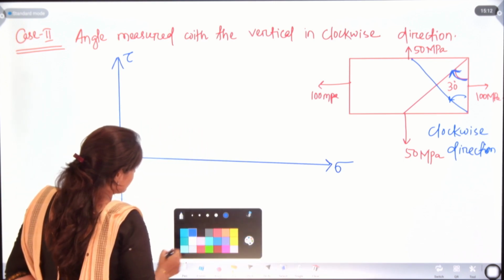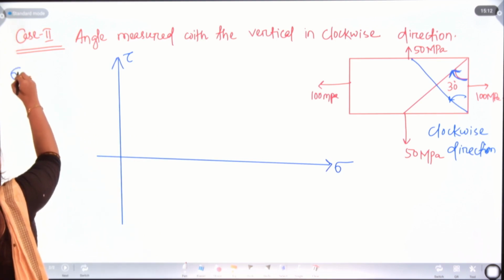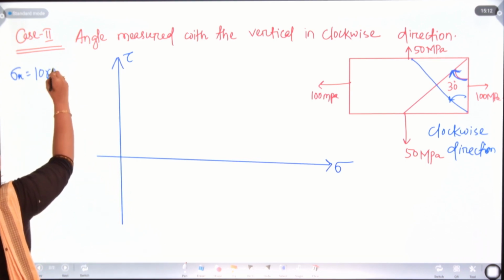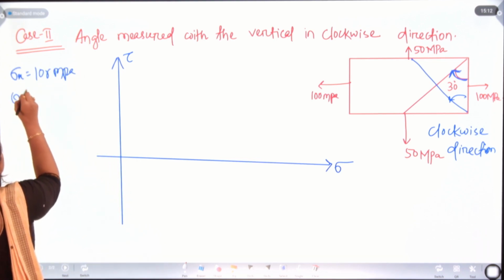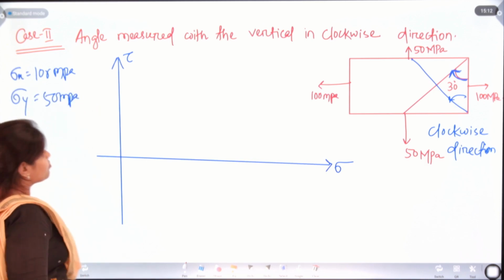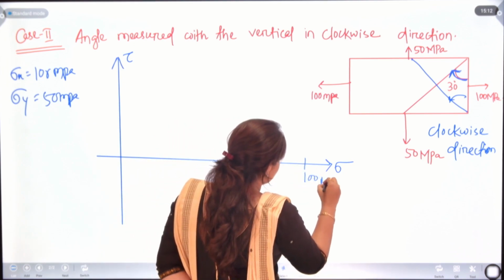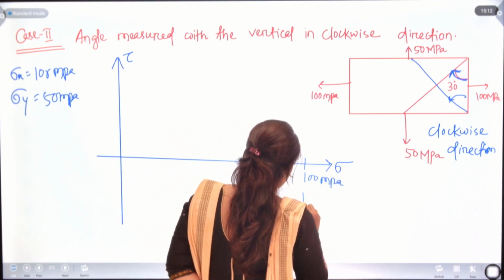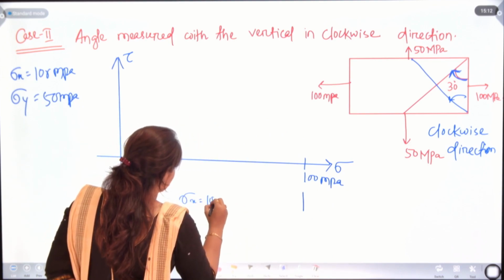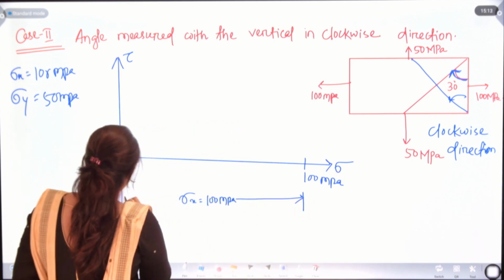So first what will we do? We need to draw sigma x and sigma y. Sigma x is 100 megapascal and sigma y is 50 megapascal. Let 100 megapascal be up to here. Sigma x is equal to 100 megapascal.